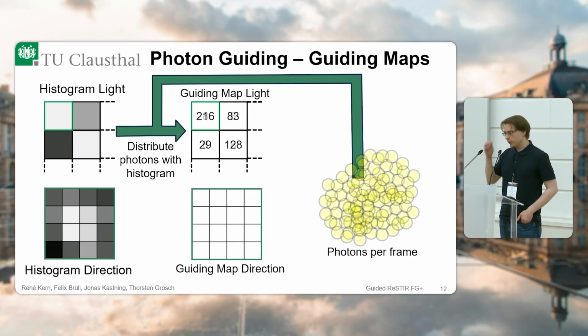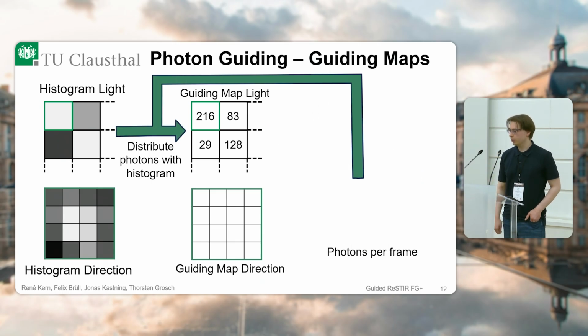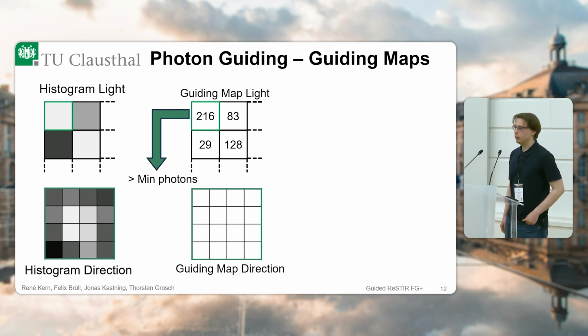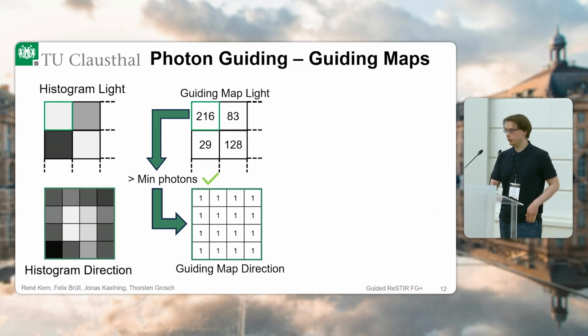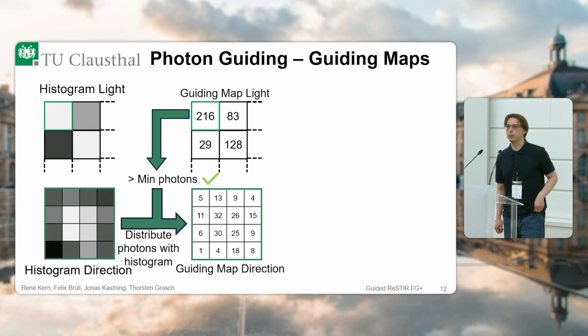The remaining photons are then distributed using the histogram. For each light cell, we then check if this cell is relevant enough and distributes enough photons to justify using directional guiding. And if it does, we do the same procedure. So first reserve at least one photon for each cell and distribute the remaining photons using the histograms.